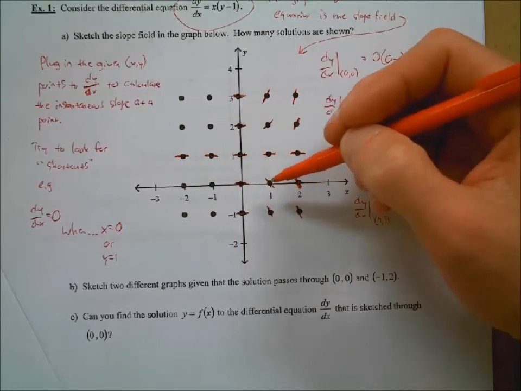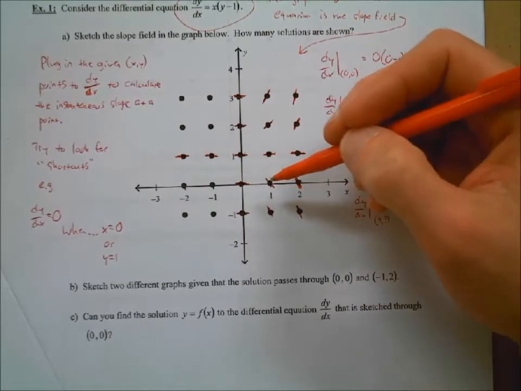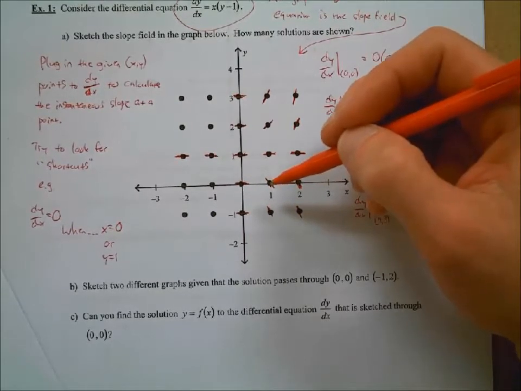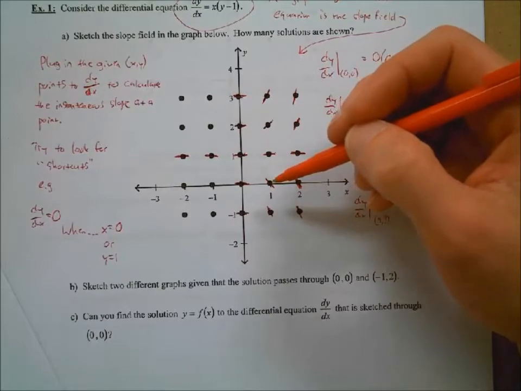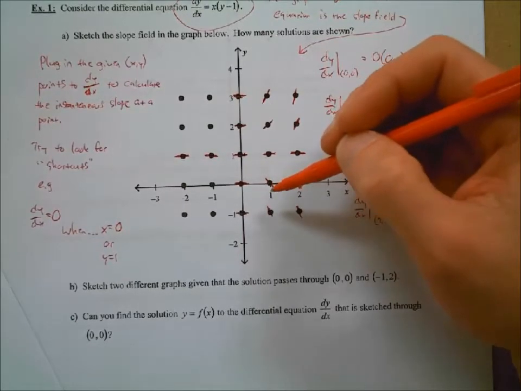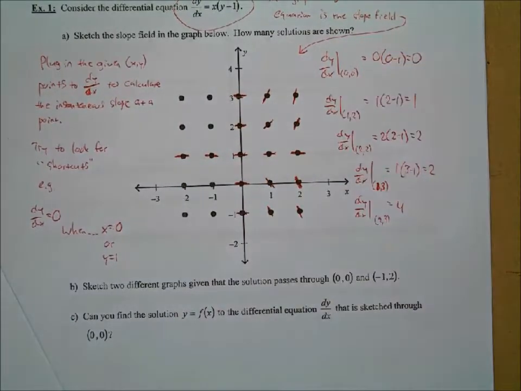The more slopes at points that you find, the more detail you can see about the behavior of a particular solution. But it also gets a little tedious having to do all those slopes, and it gets a little messy having all those slopes graphed in a very concentrated area. So it's a balance that you want to give to yourself: how many points do I want to graph to get enough data, but not so much that it's just a sloppy mess.